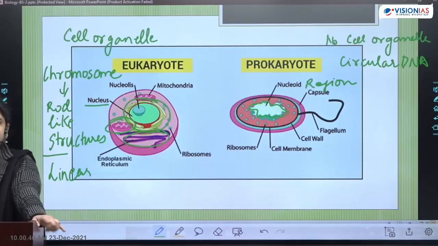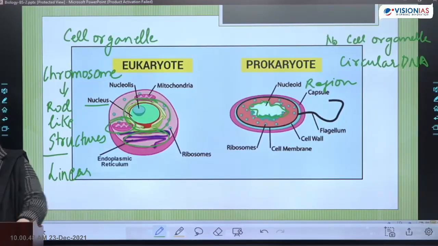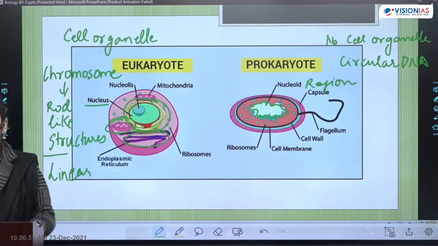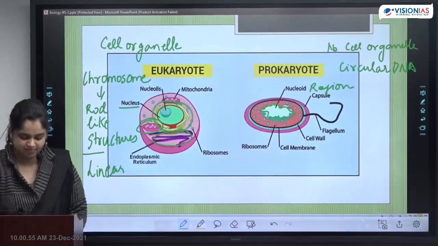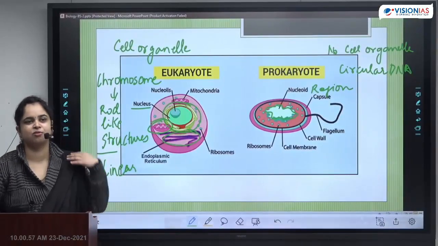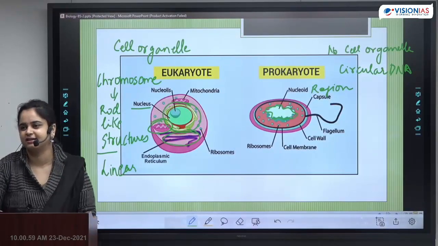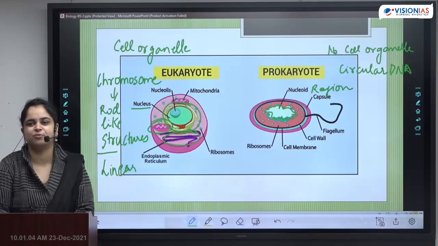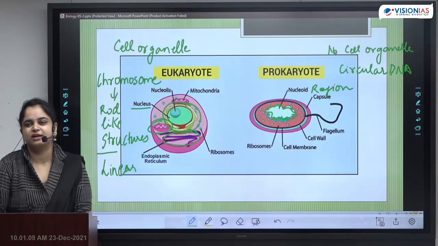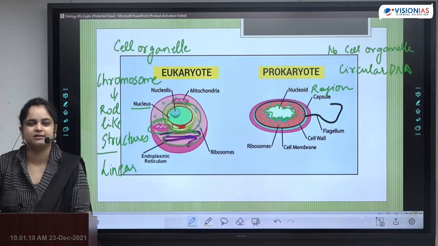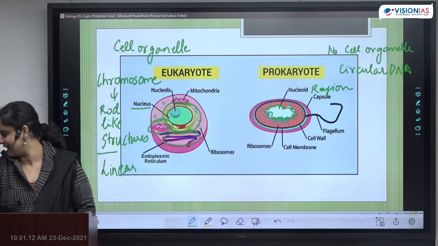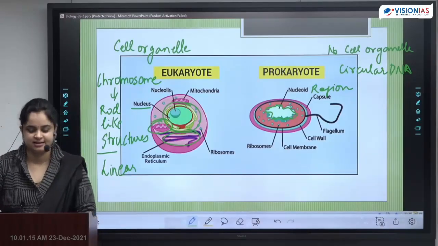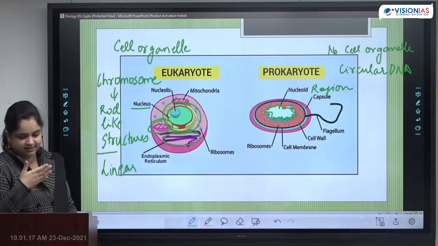So these terms need a little bit more clarity, which even if I tell you, it will be very technical, how and why it is happening. So at this stage, I don't think I can give you an answer. This is a little bit complex. So maybe you have to wait for 2-3 classes. By the time we come to genetics, you will be in a better position to understand this and why it is happening. Right? Let's talk about cells here.